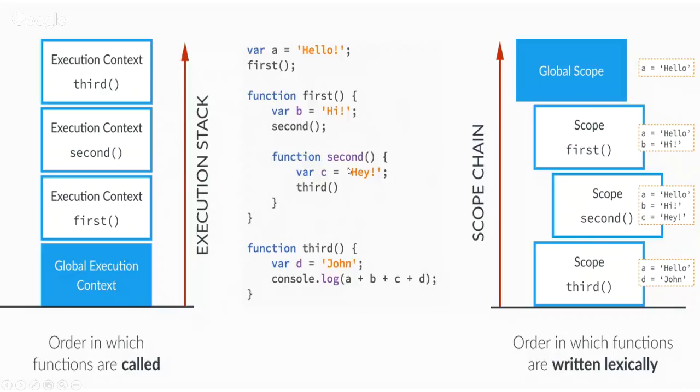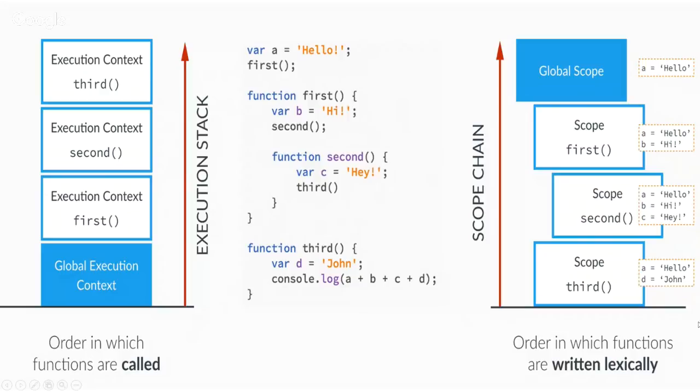So now let's remember that the execution stack is the order in which functions are called or run in our code, whereas the scope chain is the order in which functions are written in our code, lexically. So the order in which functions are run does not dictate the scopes of the functions.